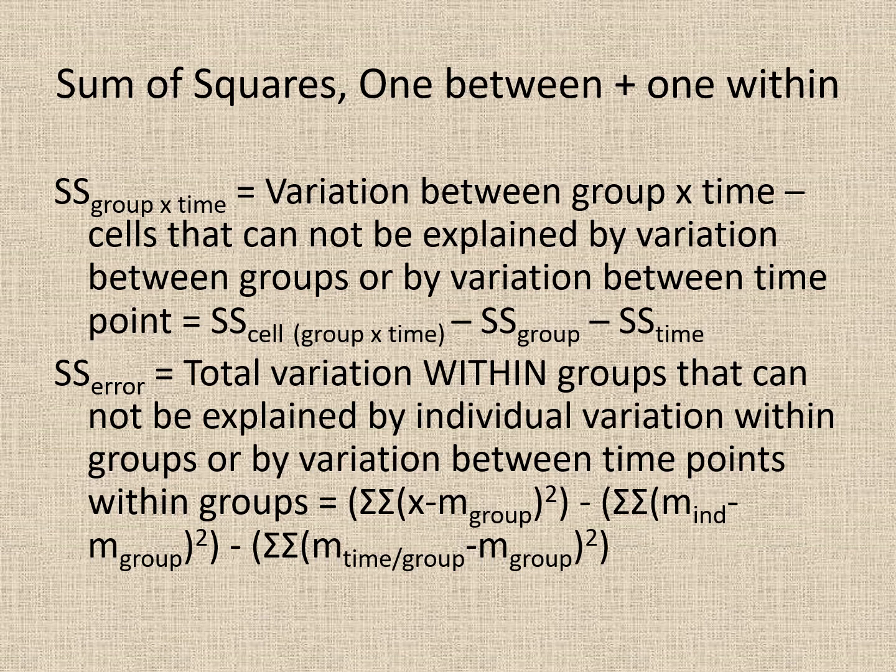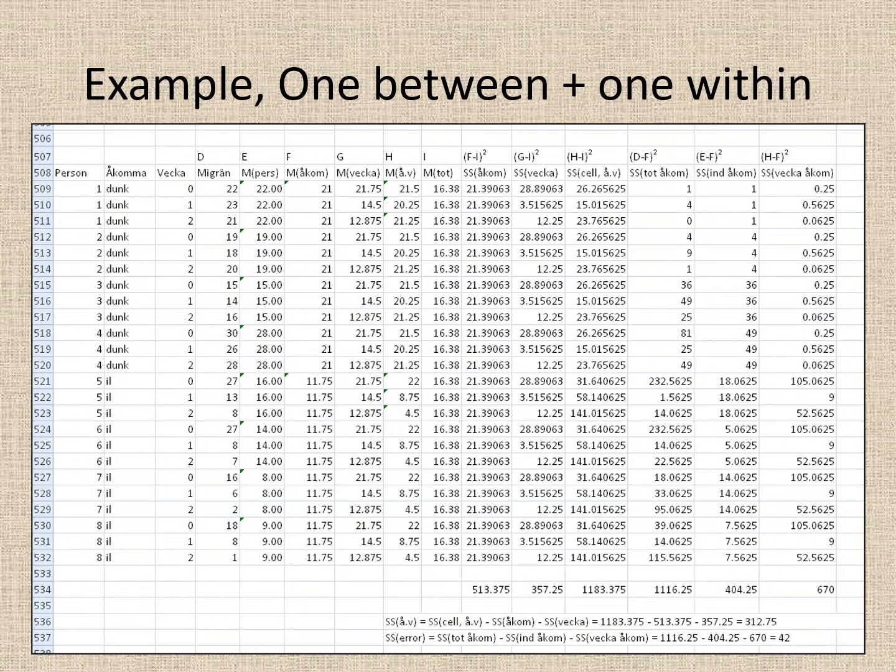Baseline, after 1 week of treatment, after 2 weeks of treatment. And then we have the level of migraine for each individual on each occasion here. Personal mean for the 2 different types of migraine, mean for the different weeks, and so on. The cell mean, the combination of time point and type of migraine, total mean, and so on.